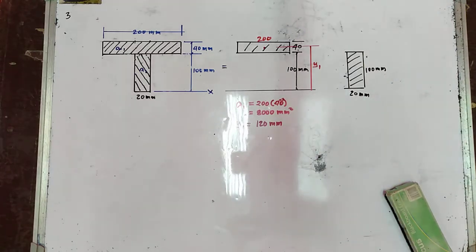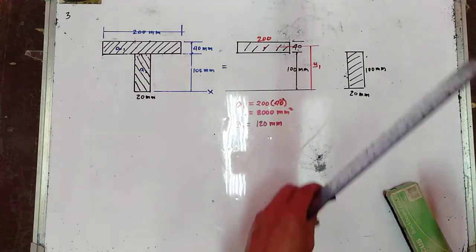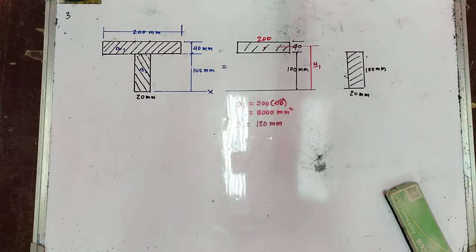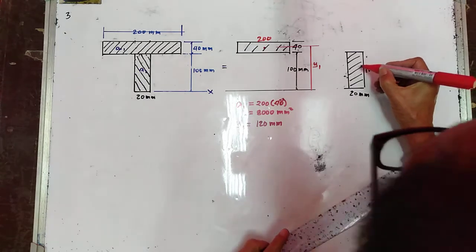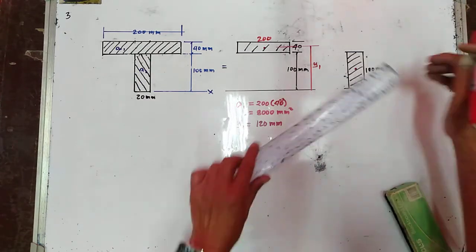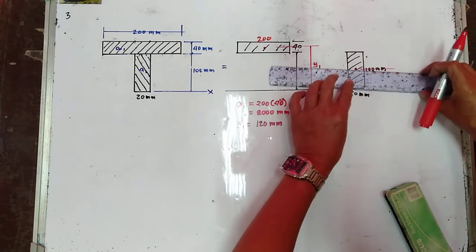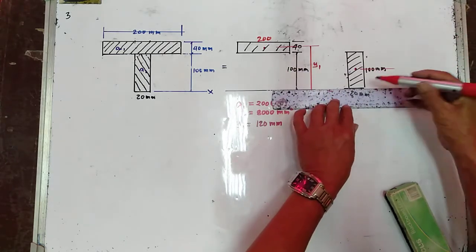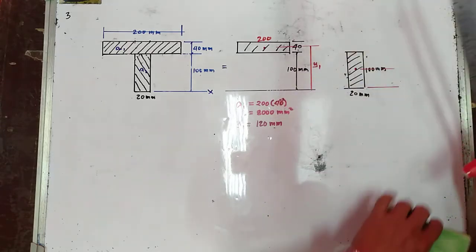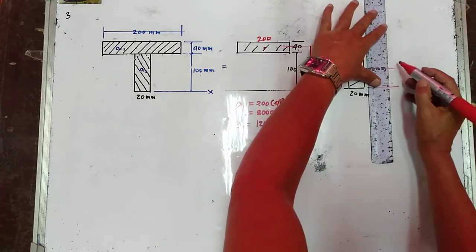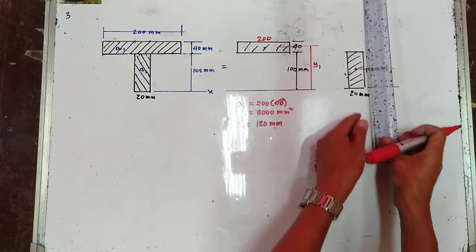Again, this is a rectangular area. Hence, the centroid from the base of this area is 1/2 of its height. It is located at that point. So this is now your y sub 2.